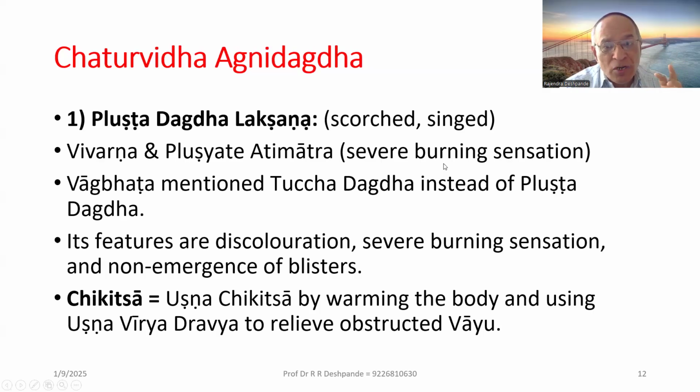Here some students may get a little confused: sir, burning sensation, and you are using Ushna Chikitsa. I have made a very clear-cut explanation. This heat, this burning is after Srotorodha. So this is a Samavastha. That is why we are using the warm treatment as well.